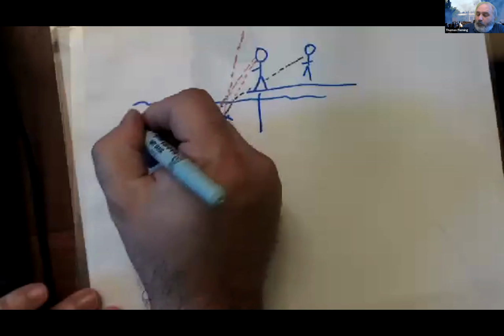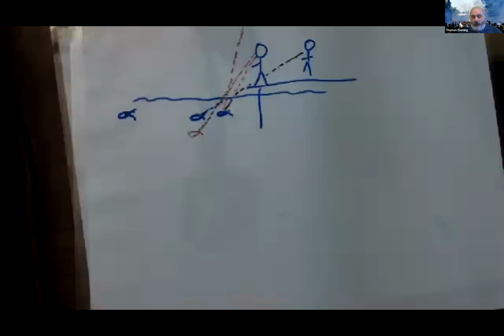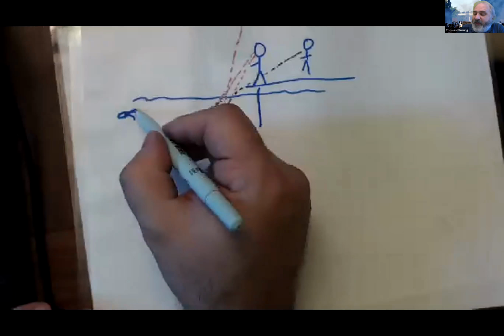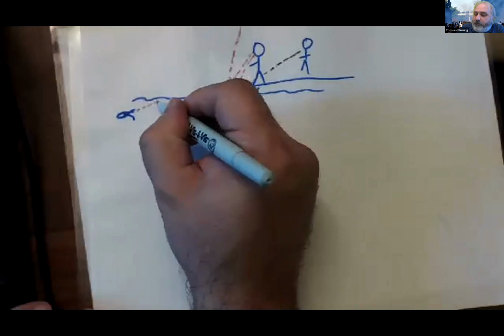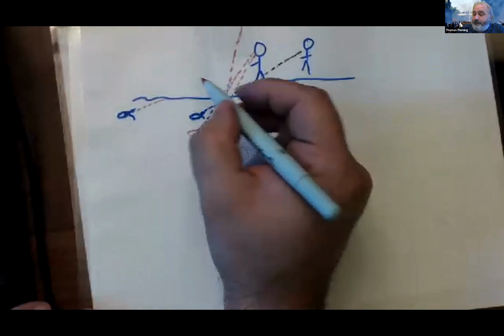And what about if there really is another fish way out here? Well, for this fish, it's possible that the angle of incidence is so large that it experiences total internal reflection.